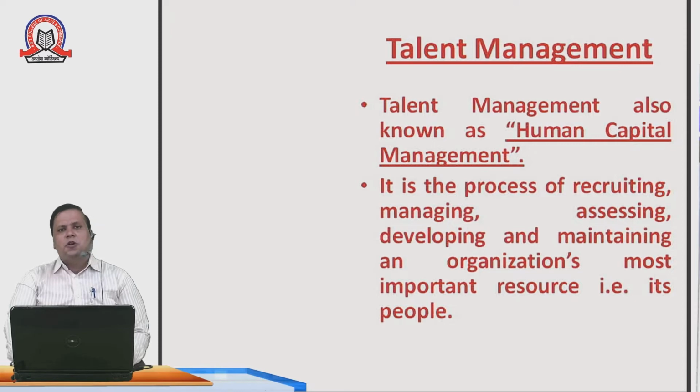The most important resource in any organization is people. So we have to recruit, first of all take the person on board, then develop his skills and talent, and accordingly manage the skill sets and talent sets and nurture his overall career path.